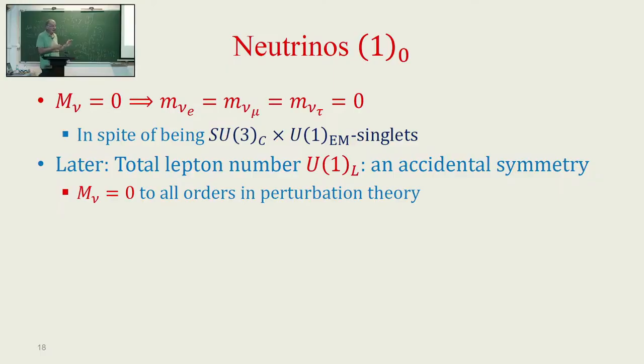And actually in the standard model, not in the leptonic standard model, this is a subtlety, not just to all orders in perturbation theory, but also non-perturbatively. So this is a subtlety, why in the leptonic standard model non-perturbative effects could give masses to neutrinos and here not. It's related to something called anomaly.